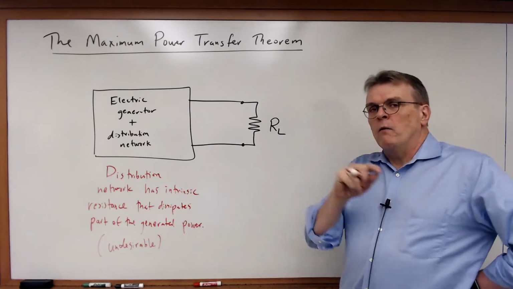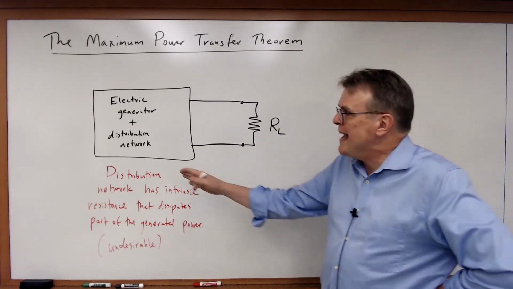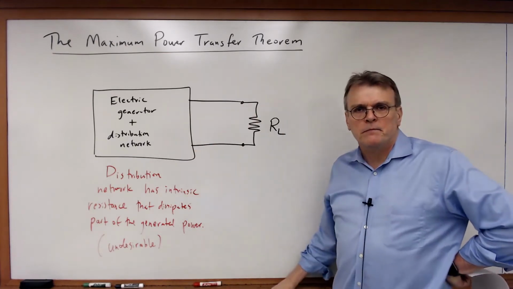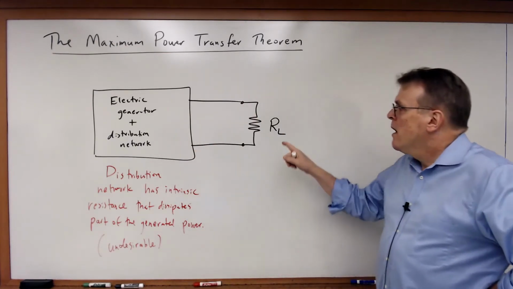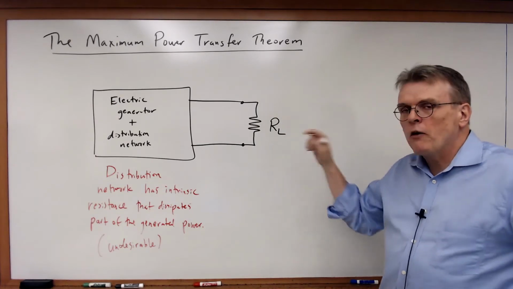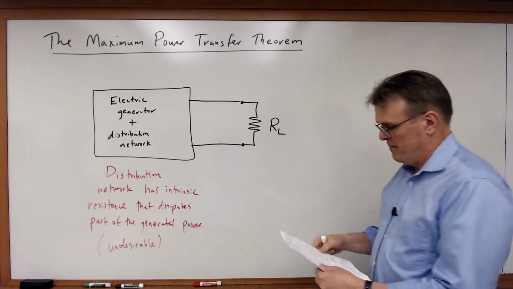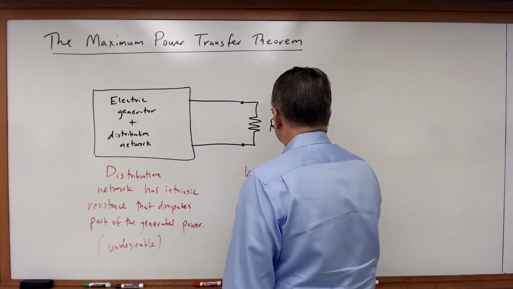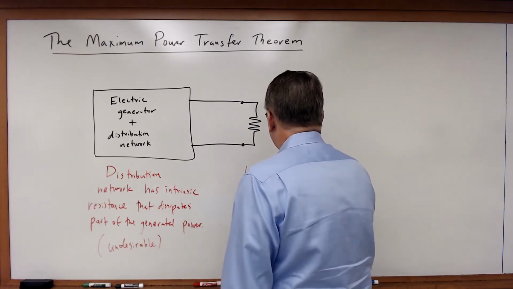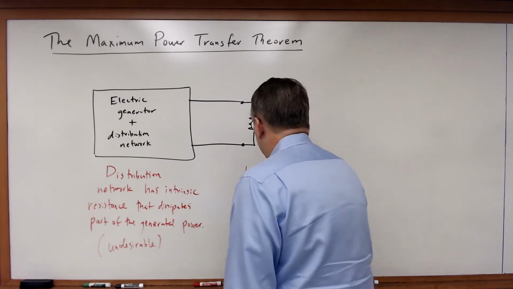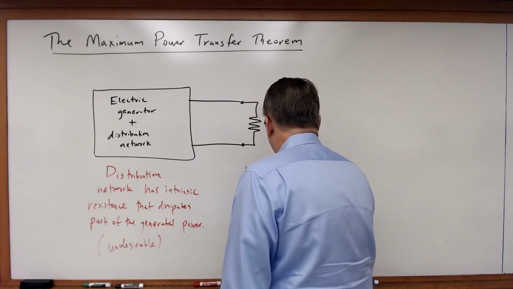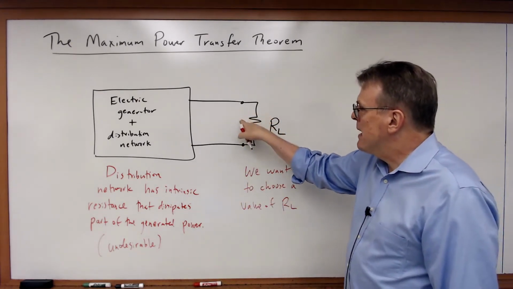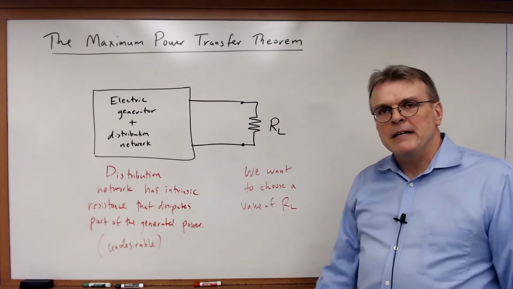Now, what we want to do is this. We can't change the generator or the distribution network. Those are fixed. But we can change R sub L. What we want to do is choose a value of R sub L to maximize the amount of power that is dissipated in that load.